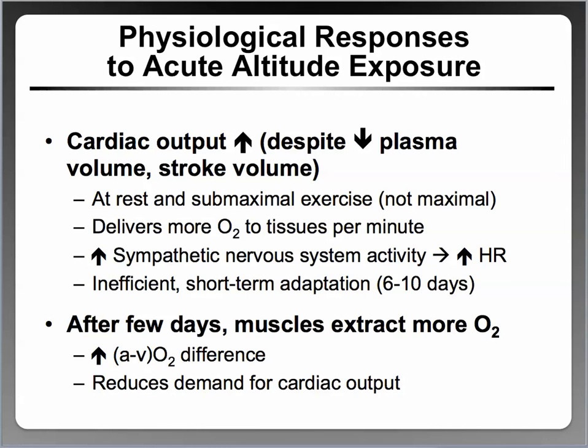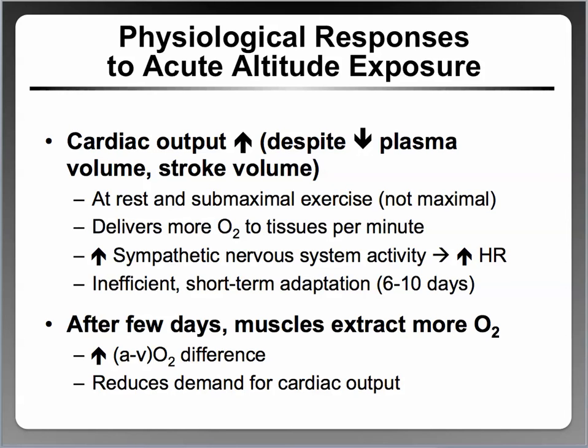However, as you can imagine, this type of adaptation is something that you can't keep up for very long. So your book calls it an inefficient short-term adaptation, something that can be present for up to the first 6 to 10 days once you arrive at altitude.